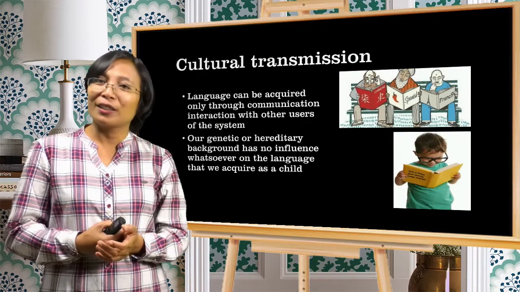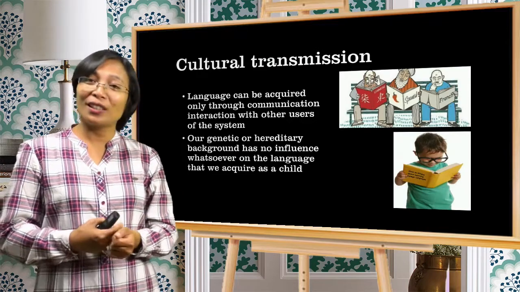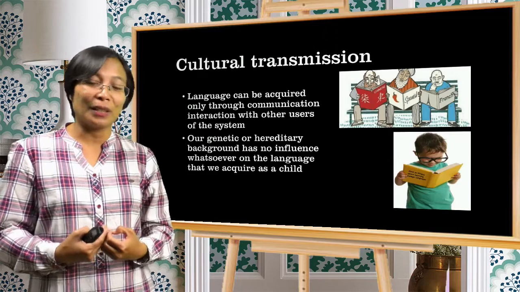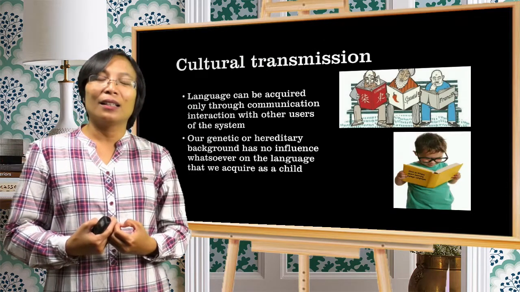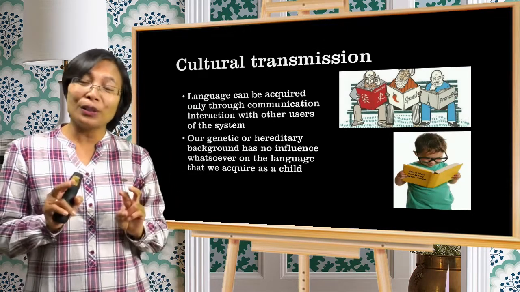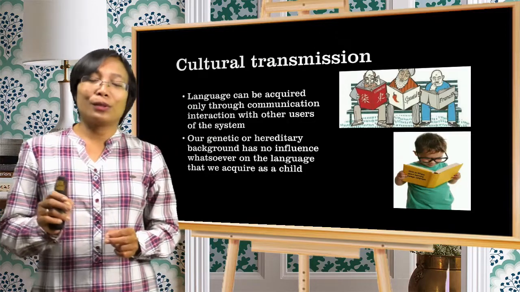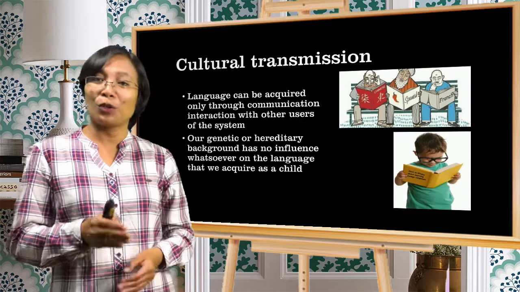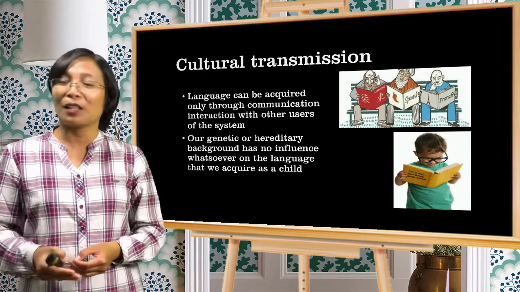What about the dog? Of course, a dog does not need a process of learning because the language or the mode that the dog uses to communicate is not culturally transmitted but genetically transmitted.